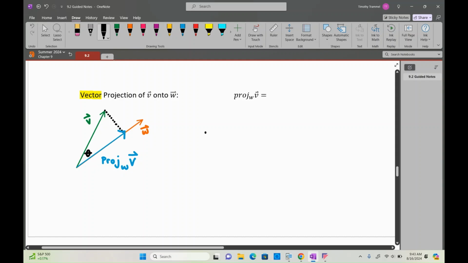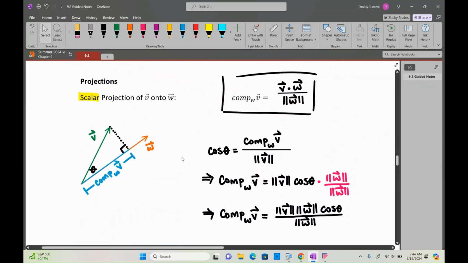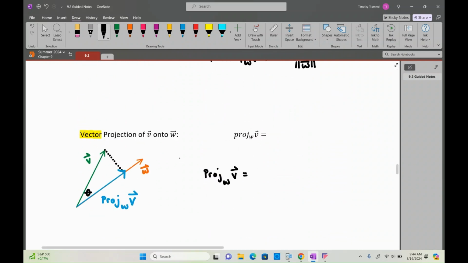So we are pretty much almost there since we already have the scalar projection. This isn't going to take us much work. The scalar projection is going to give me the length that I'm looking for. And so we found that to be, if we come back up here, v dot w over the magnitude of w.